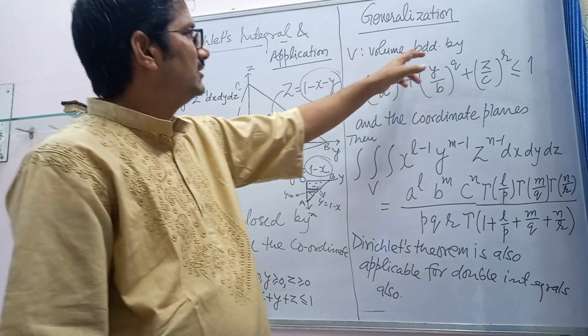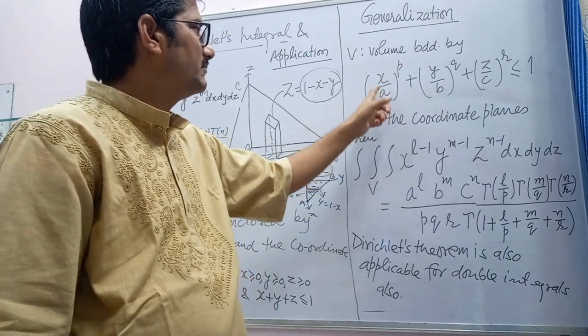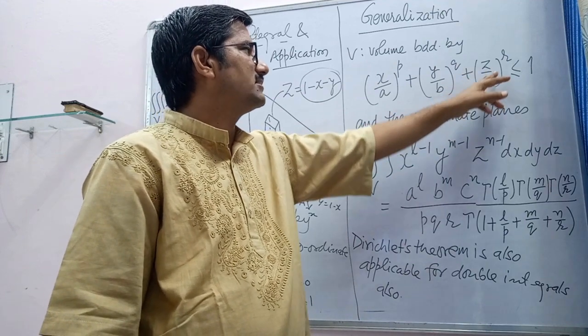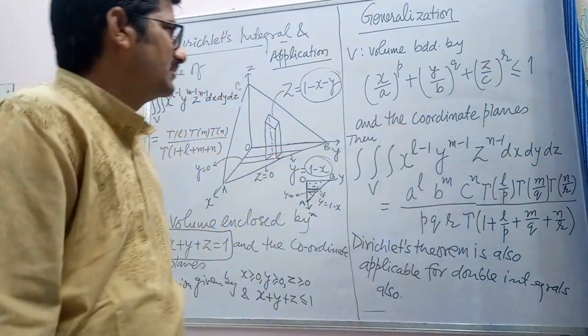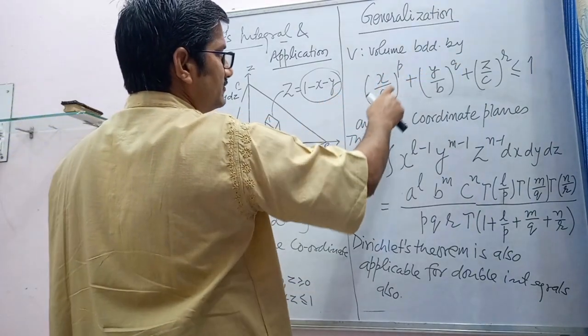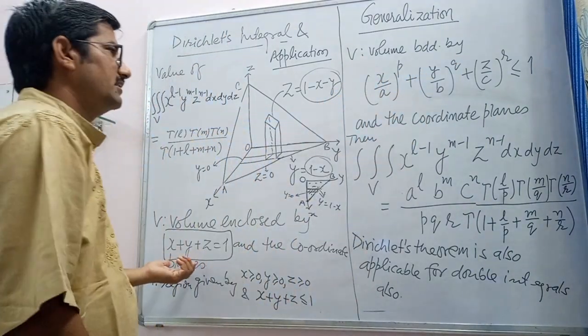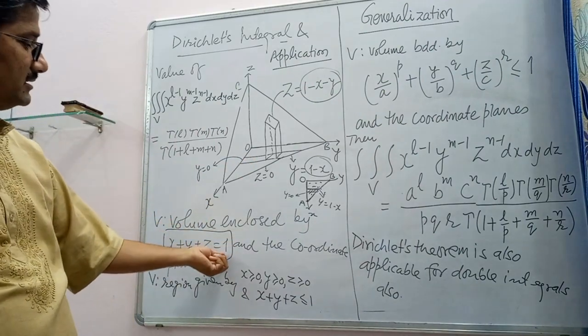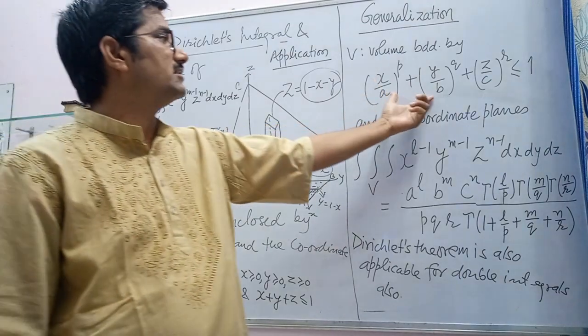Here V is the volume bounded by the surface (x upon a) to the power p plus (y upon b) to the power q plus (z upon c) to the power r is less than or equal to 1. If you put p, q, r each as 1, and a, b, c each as 1, then you will get this surface, meaning x plus y plus z is less than or equal to 1. This is a particular case of this surface.